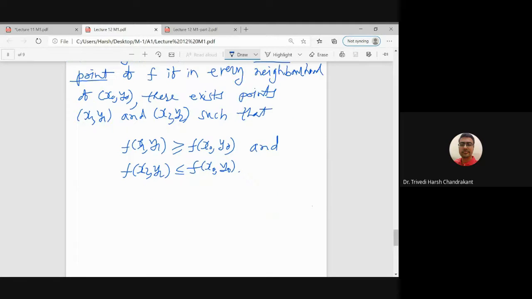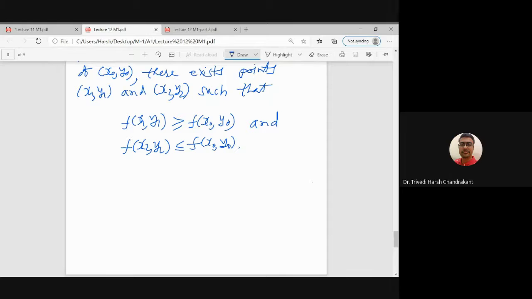So now let us take the second derivative test for maximum and minimum.